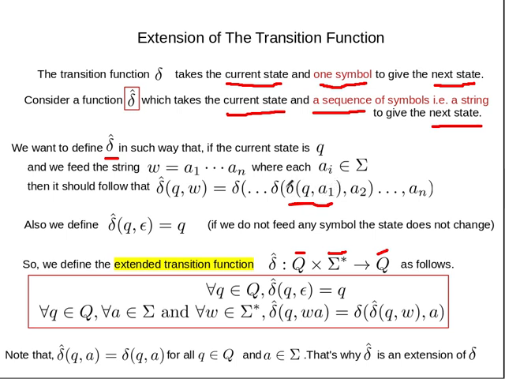So now if you are in this state, again you can apply this delta on the second input symbol. So then you get this state, and you can do this repeatedly. So if the string that you are considering is, say, a1, a2, a3, so you can repeatedly apply this with delta. So finally you will arrive at some state which we call delta hat of q and w. So this w is just all these symbols.